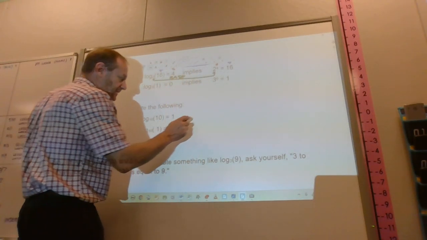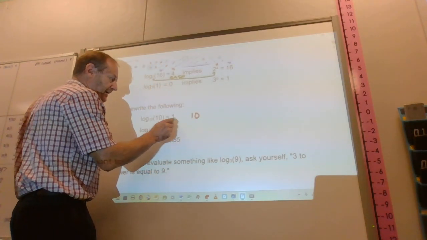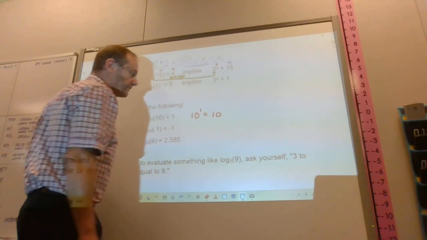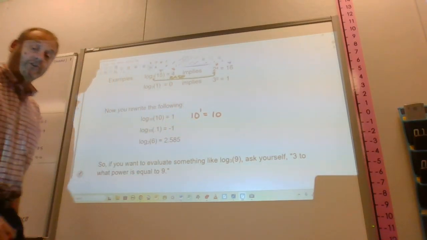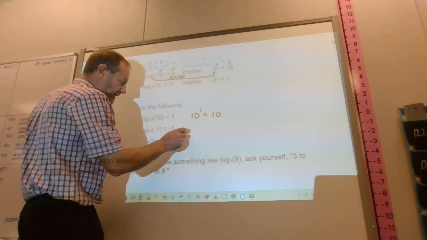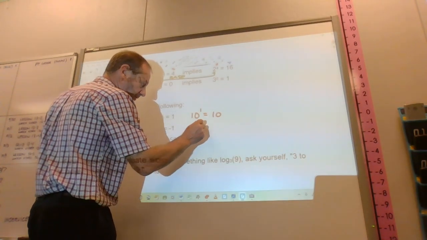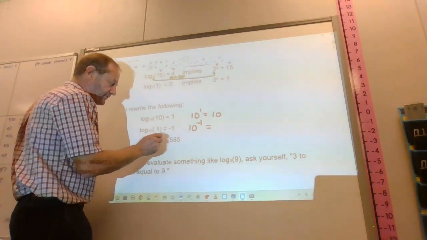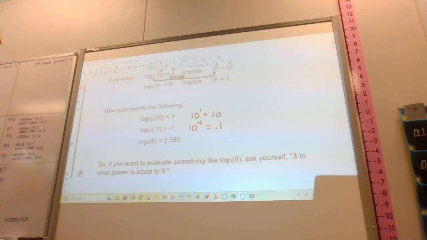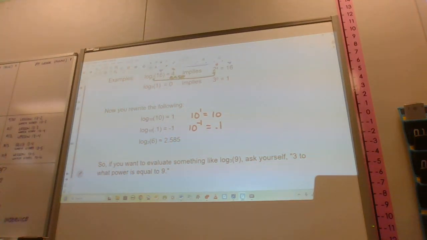Okay, so here's my base. Here's my base. There's my exponent. That goes there. There's my other number. Goes right there. 10 to the first power is 10. That's true. Okay. There's my base. There's my exponent. That equals that number, 0.1. So, yes, 10 to the negative 1 power is 1/10.